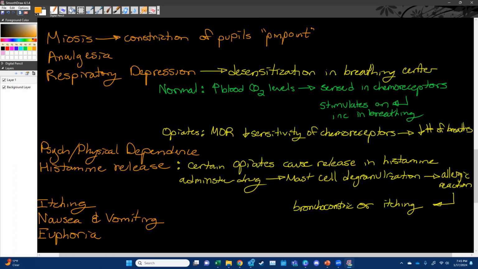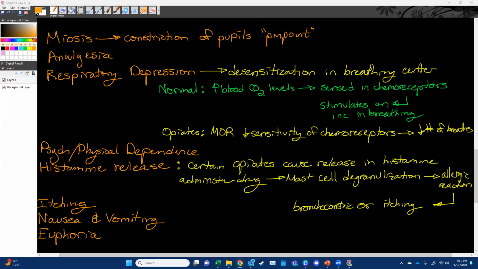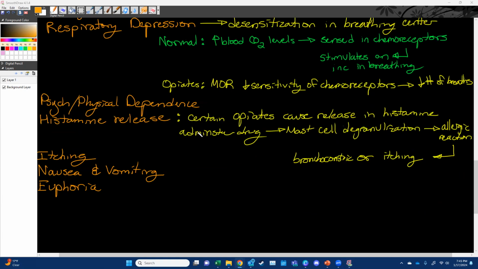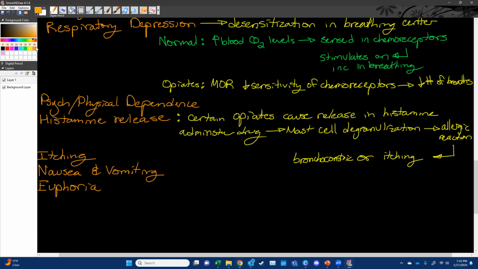I think it's that it decreases brain activity, and for some people that's seen as a euphoric effect. We'll talk more about this when we get into kappa, which I think is probably the better place to talk about it.